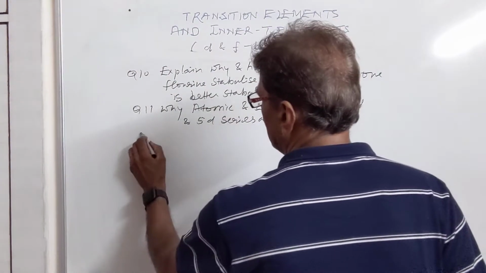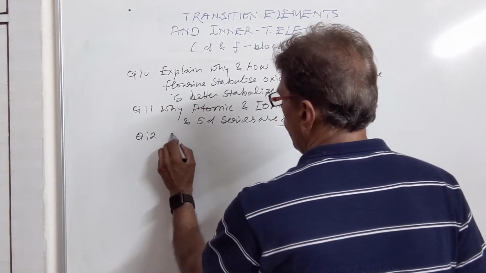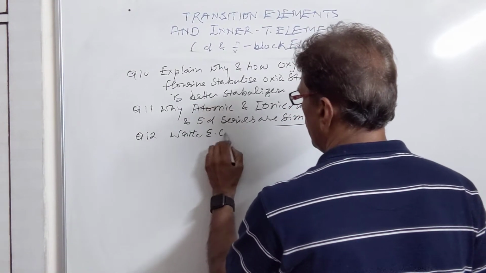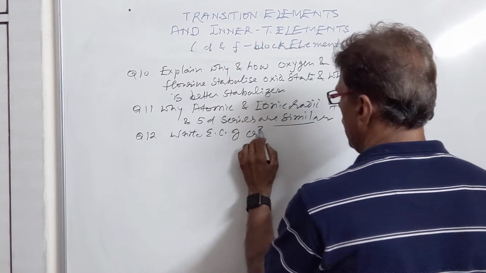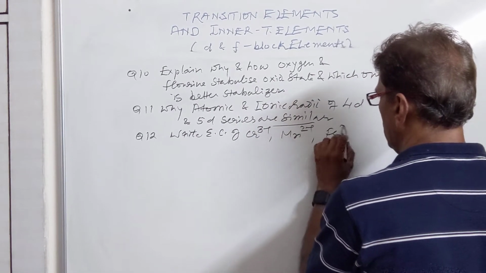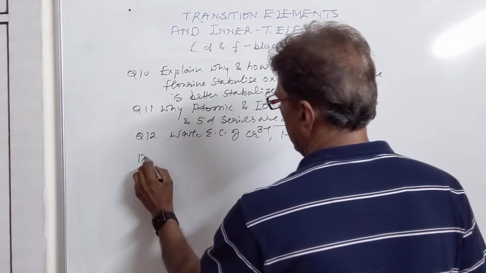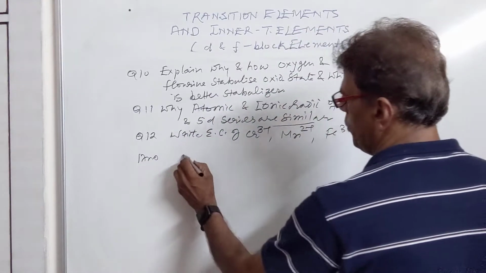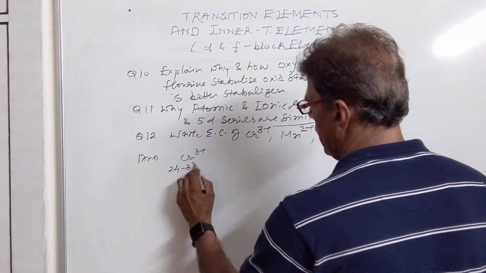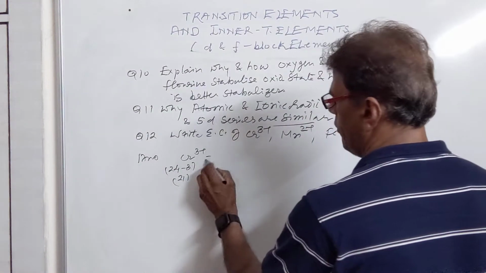Then we have the question: write the electronic configuration of a few ions, Cr3+ ion, Mn2+ ion, Fe3+ ion. So when a question like this comes, for Cr3+ you have its atomic number 24 minus 3, so 21 electrons are left here.